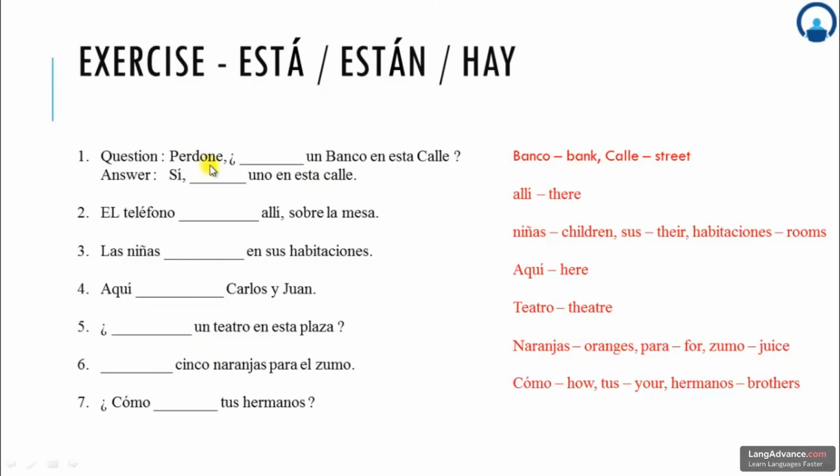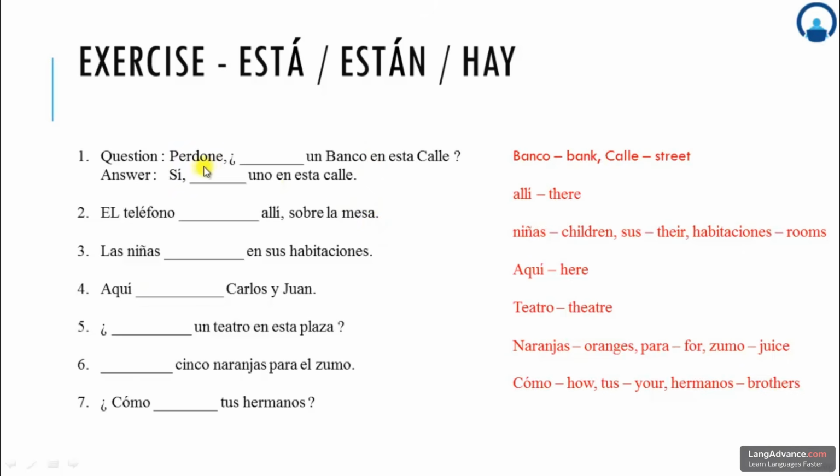That means you have to translate this first. I'm not going to translate this time for you. I'll state what new words we have in here. Banco over here means a bank and calle means a street. Rest of the words are already seen by us in the earlier video.